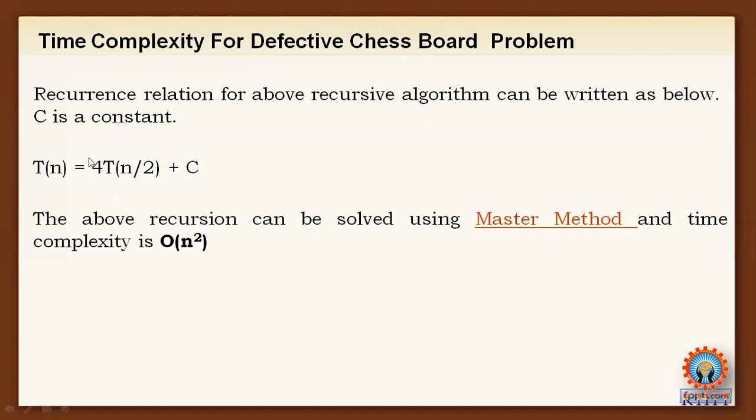This can be done in 4 different parts. So by solving this equation using Master's method, we get the time complexity of order of n square.